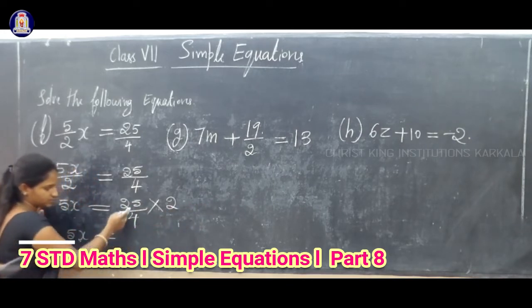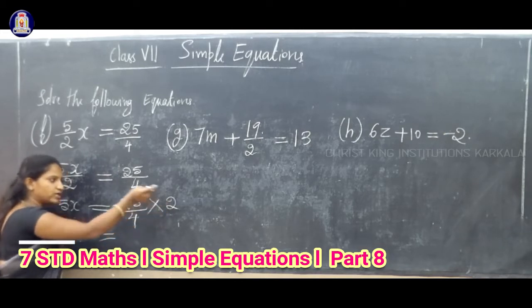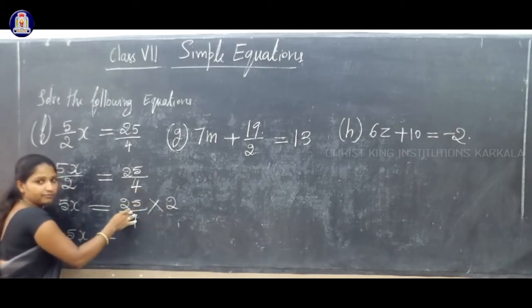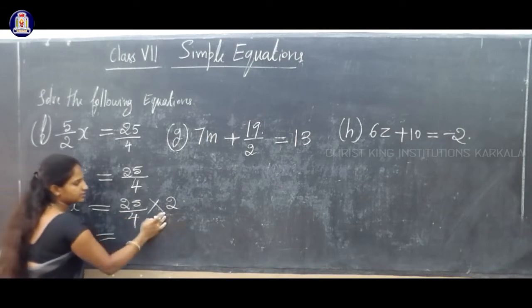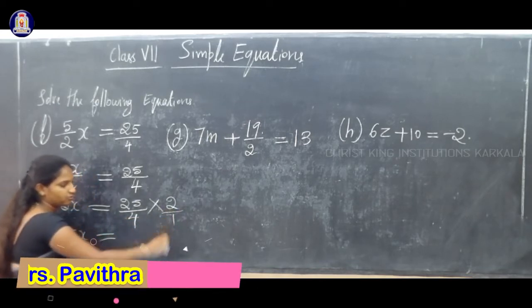So we will get 25 by 4 into 2. That means this 2 is multiplying to the numerator. Clear? Since there is no denominator, you can write an extra 1 in the denominator.